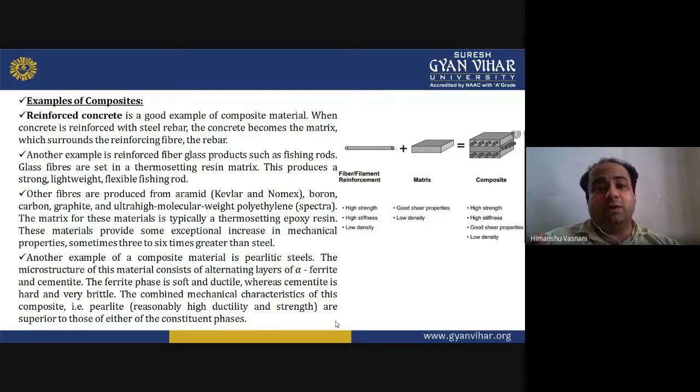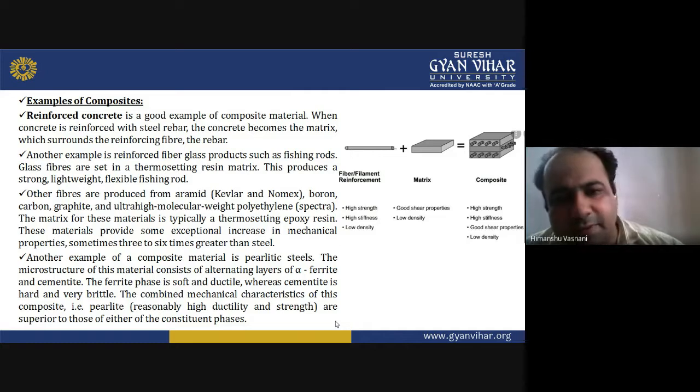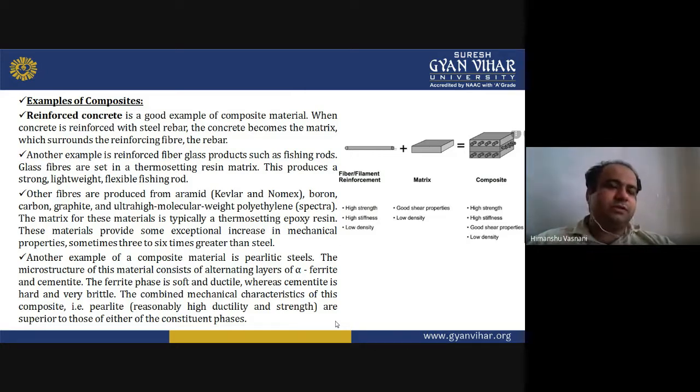Another example is reinforced fiberglass products such as fishing rods. Glass fibers are set in a thermosetting resin matrix. This produces a strong, lightweight, flexible fishing rod.